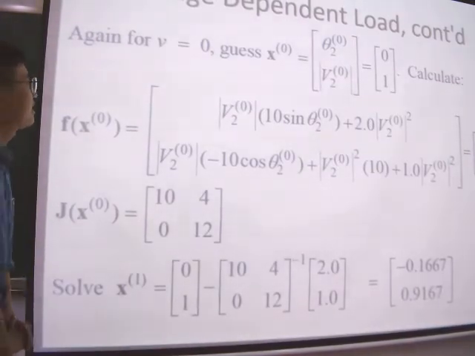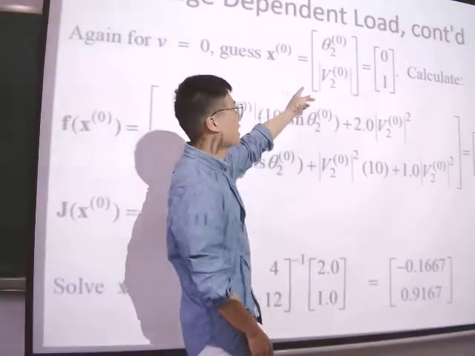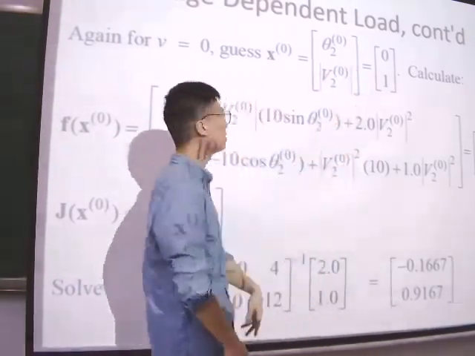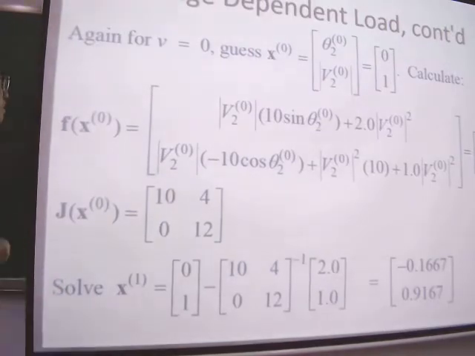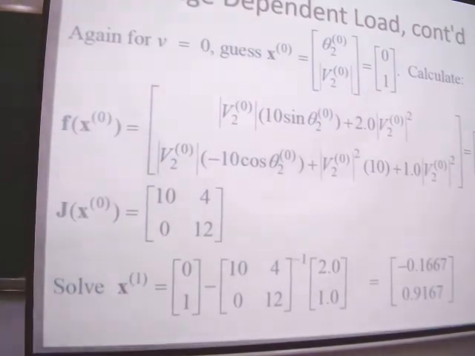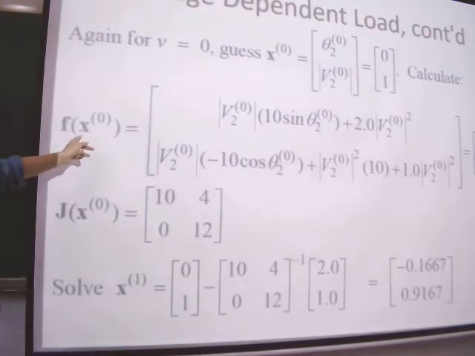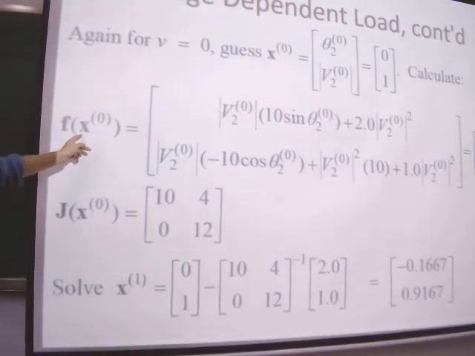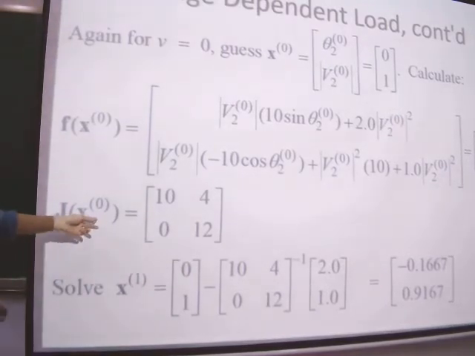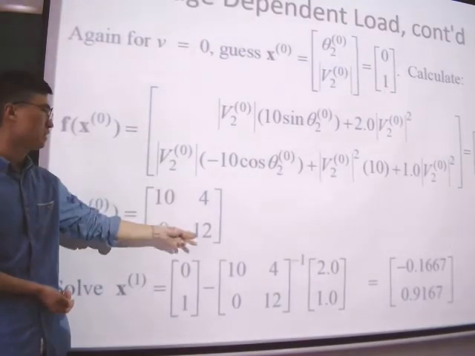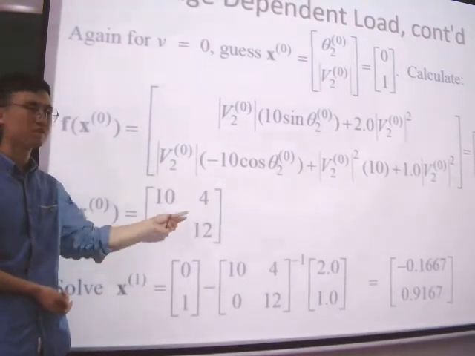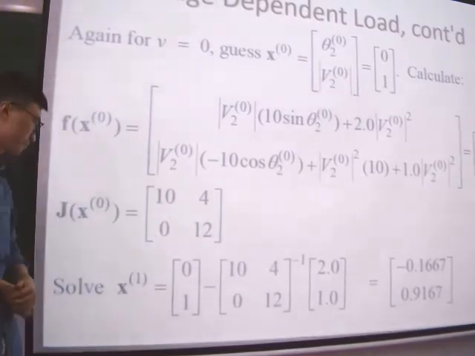So again, we guess that V equals 1, theta equals 0. This is the Jacobi. To calculate the function value at x0, we're going to get the function value. The Jacobi is maybe a little different. The previous Jacobi is 10, 10, 0, 0, but here it is not.